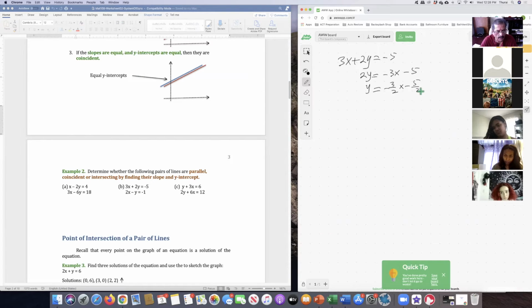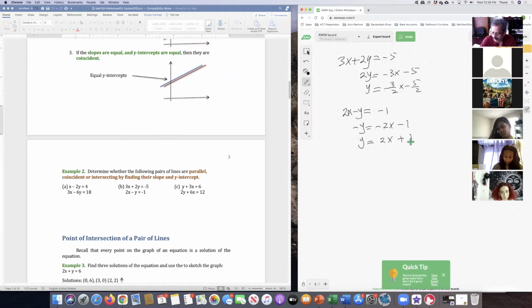Now take the other one, 2x minus y equal to minus 1. I'm moving the x to the right side, then I get minus y equal to minus 2x minus 1. I'm dividing by minus 1, y equal to 2x plus 1.